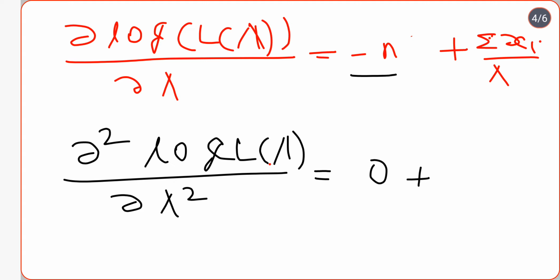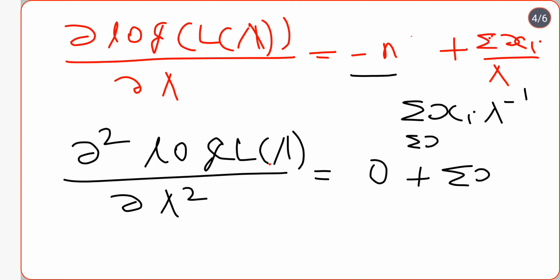But this part, when we are doing derivative, it is nothing but summation xi into lambda to the power minus 1, then it will be easier for you to do the derivative. Now whenever we are doing the derivative, minus 1 will be taken outside, so it will be summation xi into minus 1 into lambda to the power minus 1 minus 1.